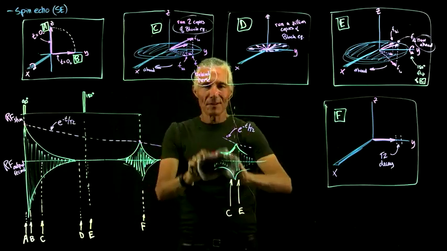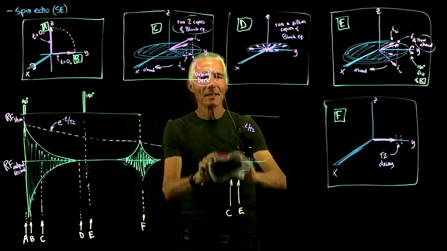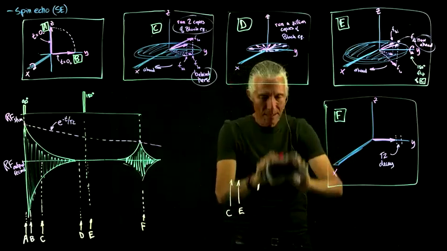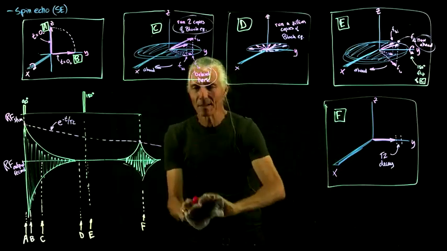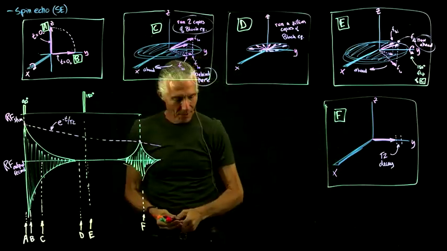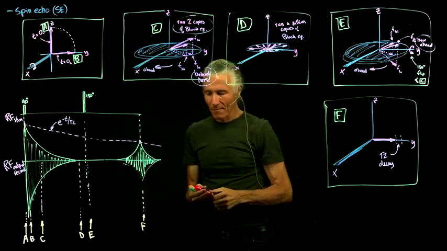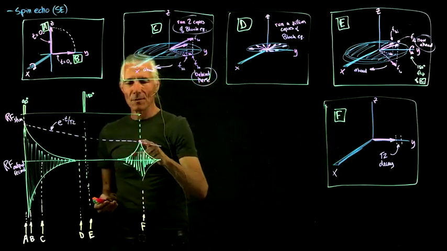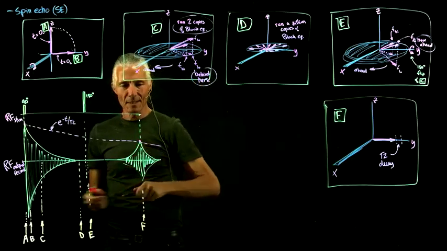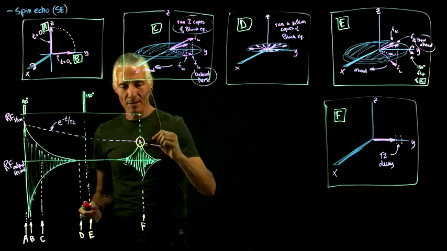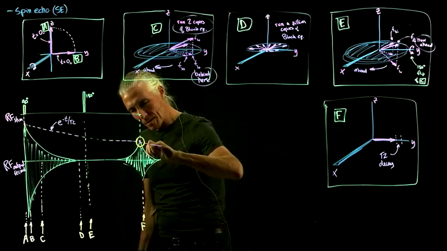So that's SpinEcho. So now what we're going to do is just look at the equations for this amplitude right there. So all we're interested in is like what is that number?